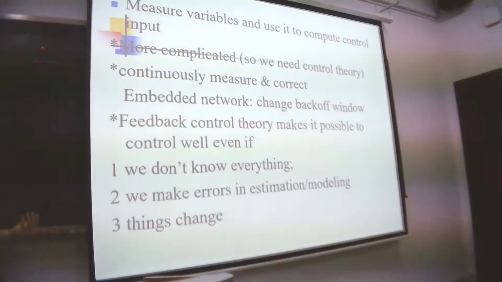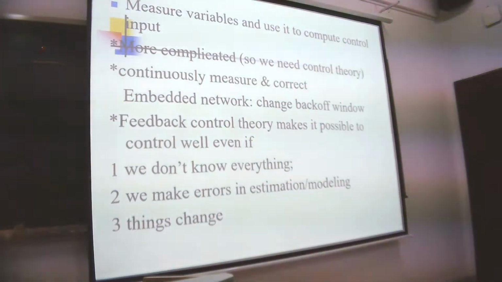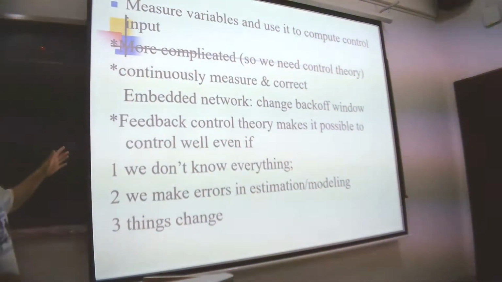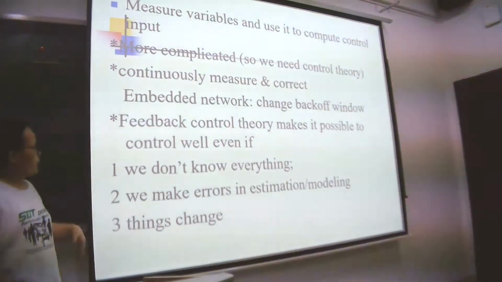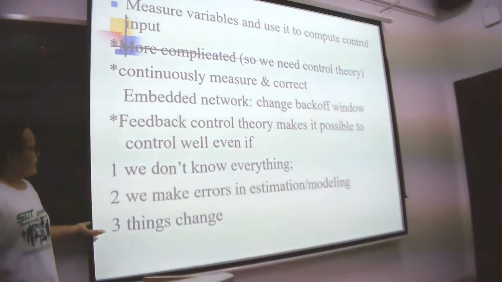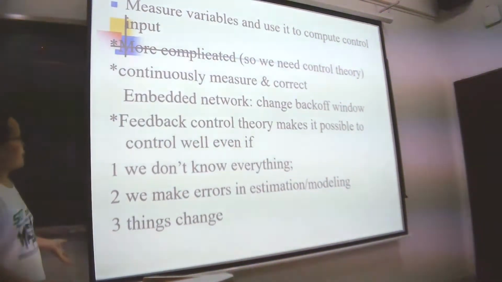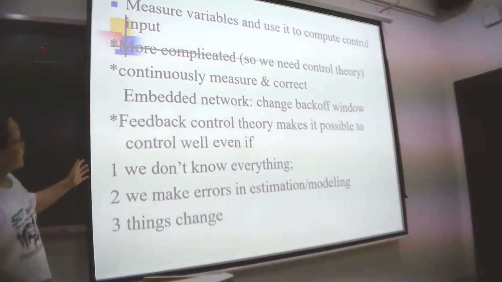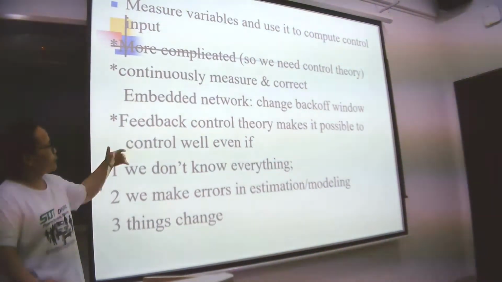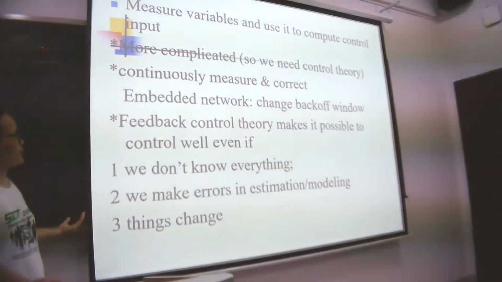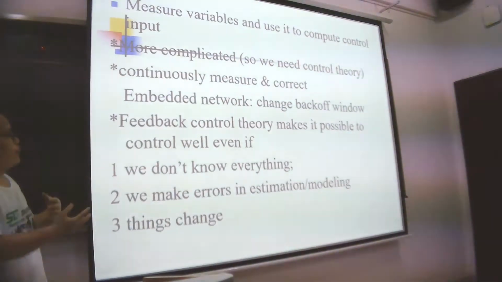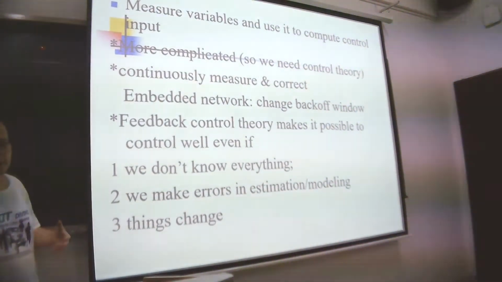Maybe we make some errors in estimates or the model changes. Maybe we have these cases or situations. Now, we can use the feedback control system, or the closed loop control system, to correct the error.